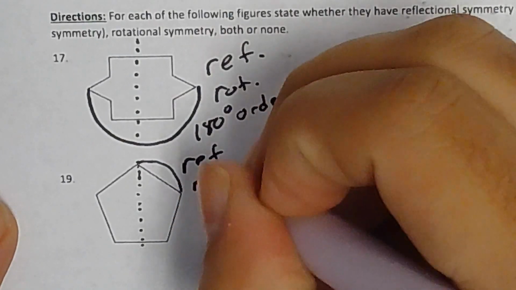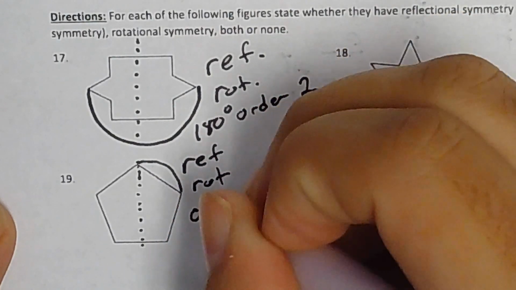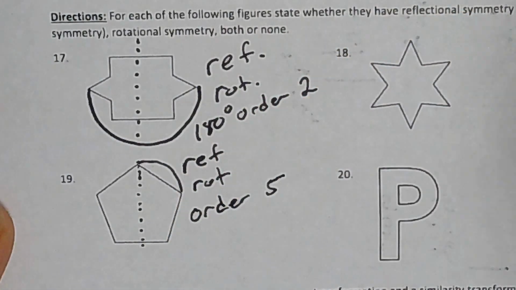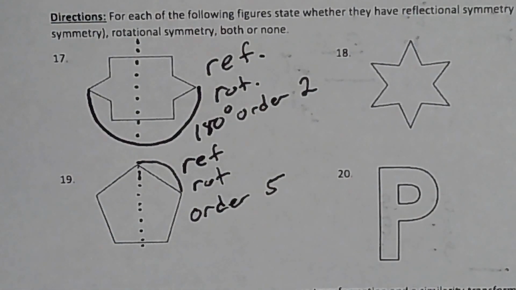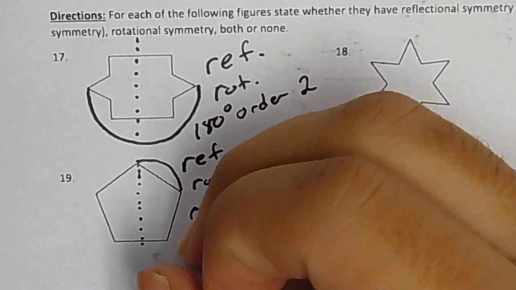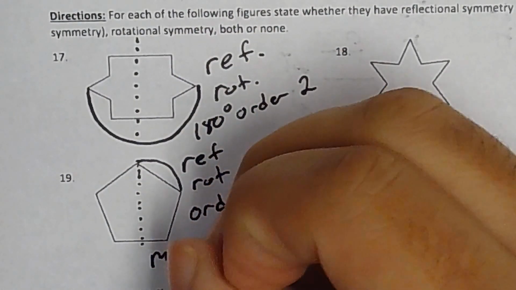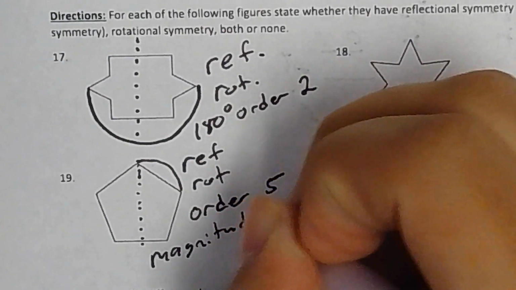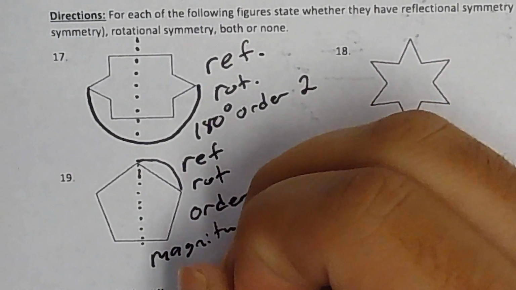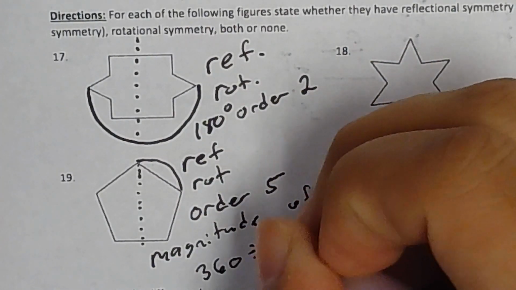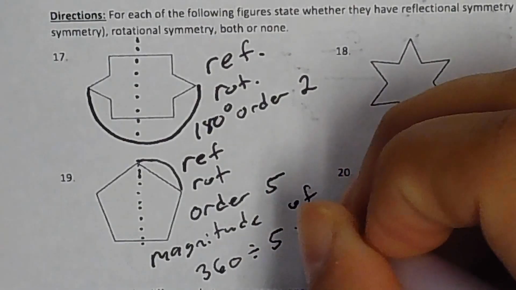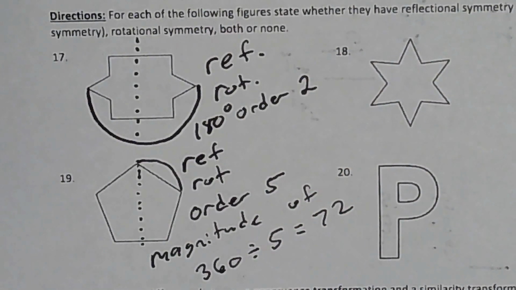So it's rotational of order 5. And it has a magnitude of 360 divided by 5, which equals 72. Okay, you don't know what that is? We'll go over it today in the notes.